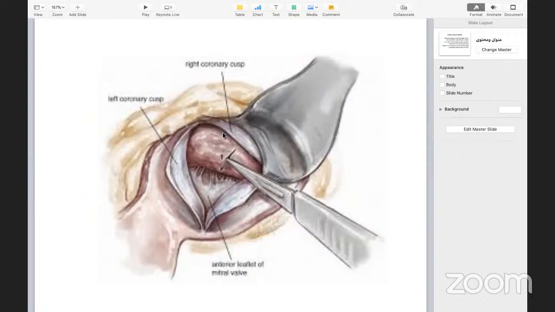It's 3 mm below the annulus, from nadir to nadir, and you extend up to 7 cm until you see the anterior papillary muscle of the mitral valve. And as you see here, it's in the middle of the leaflet here. The blade, I mean, the position.